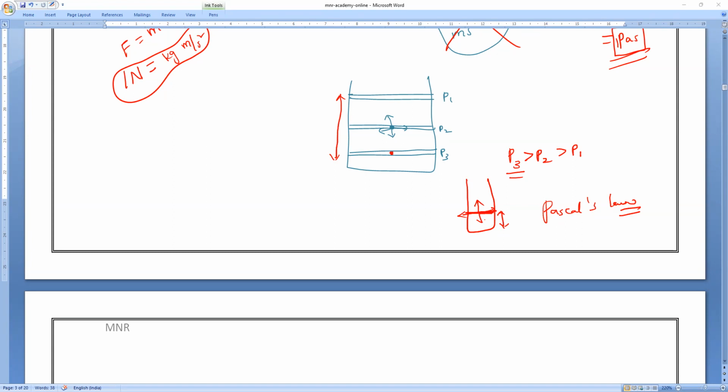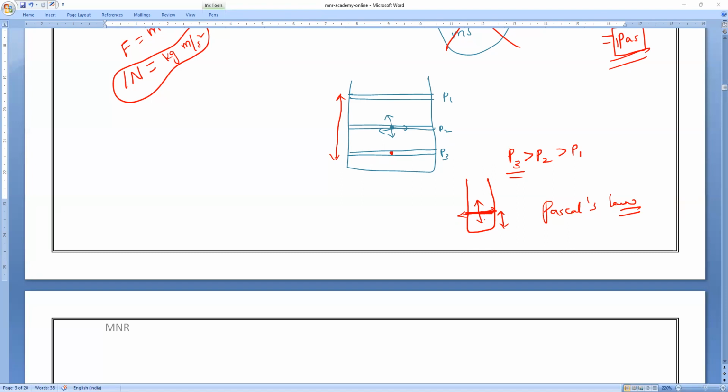So this is about what fluid pressure is and how to calculate it. Then tomorrow I will teach you how to measure this fluid pressure, particularly liquid pressure. What is the device we use to measure liquid pressure? Anybody? Atmospheric pressure is measured by a barometer.